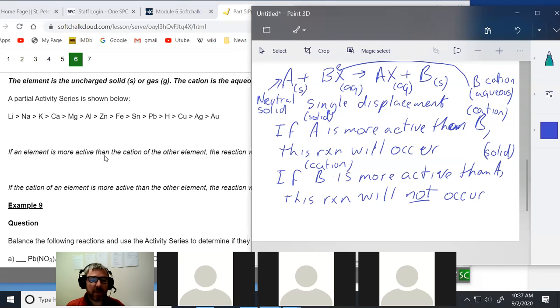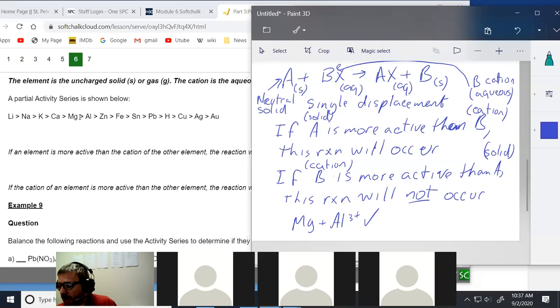So just to give you an example, you won't have this chart, but you won't need it, and I'll tell you why in a second. For example, if we were reacting Mg and Al3+, that reaction will occur because Mg is more active than Al according to this activity series.